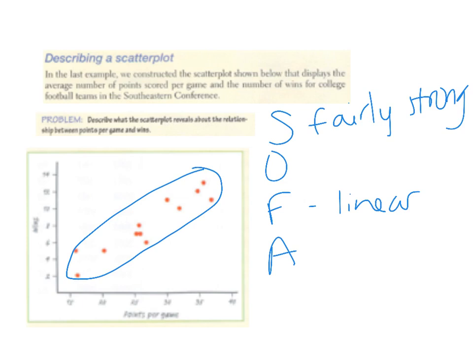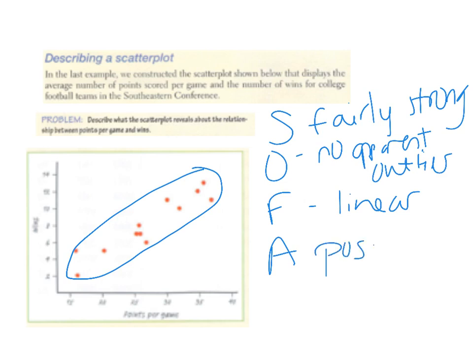So there would be no apparent outliers. And this time, our association would be a positive association. Our direction here is that the more points per game, the more wins. So it would be a positive association.